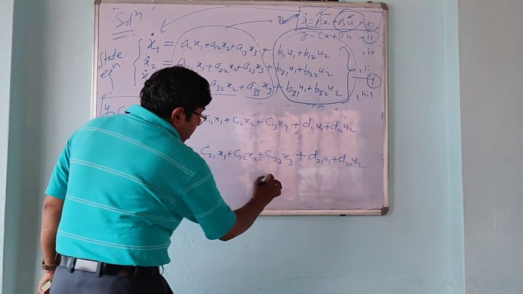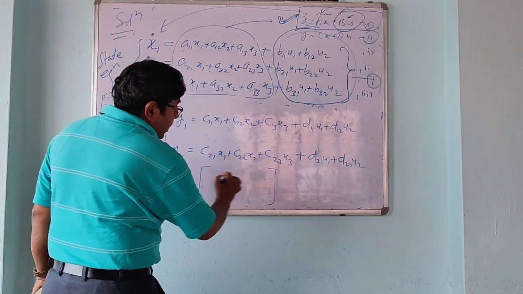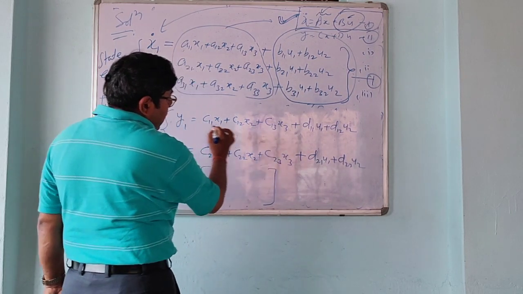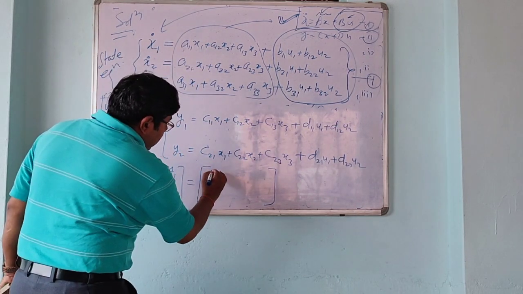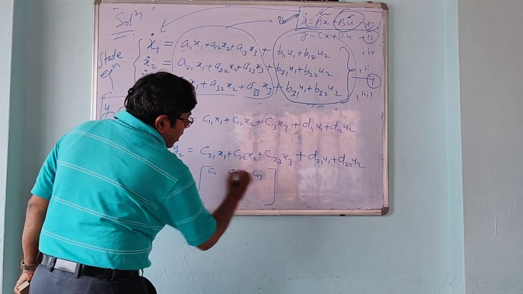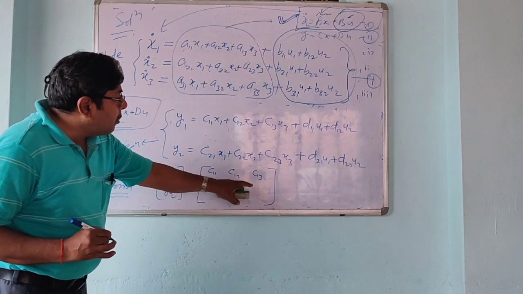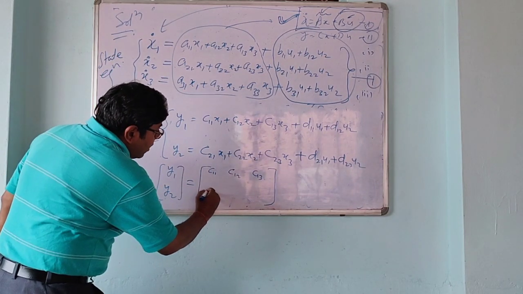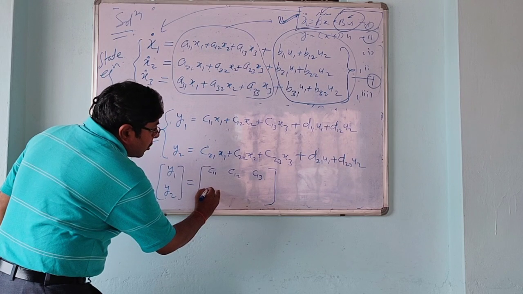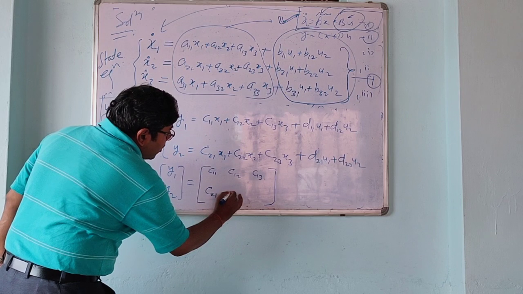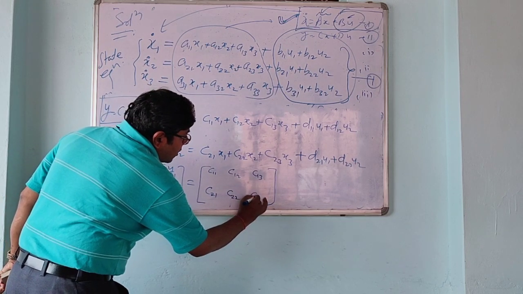From these two equations, the first row is formed from the coefficients of x1, x2 and x3, that is C11, C12, C13. The second row is formed from the second equation, containing all coefficients of x1, x2 and x3, that is C21, C22 and C23.